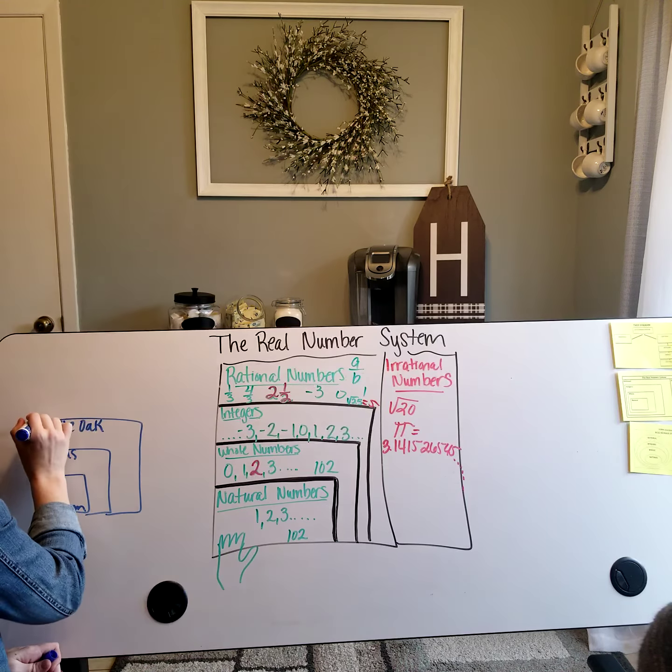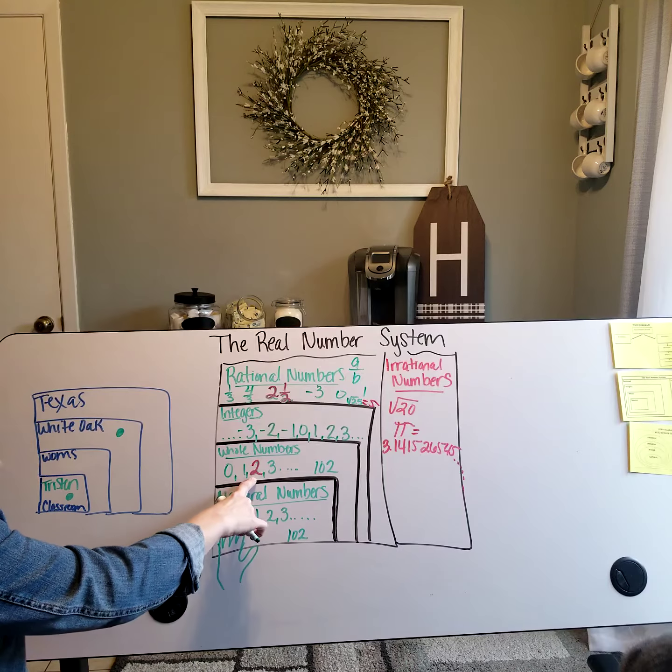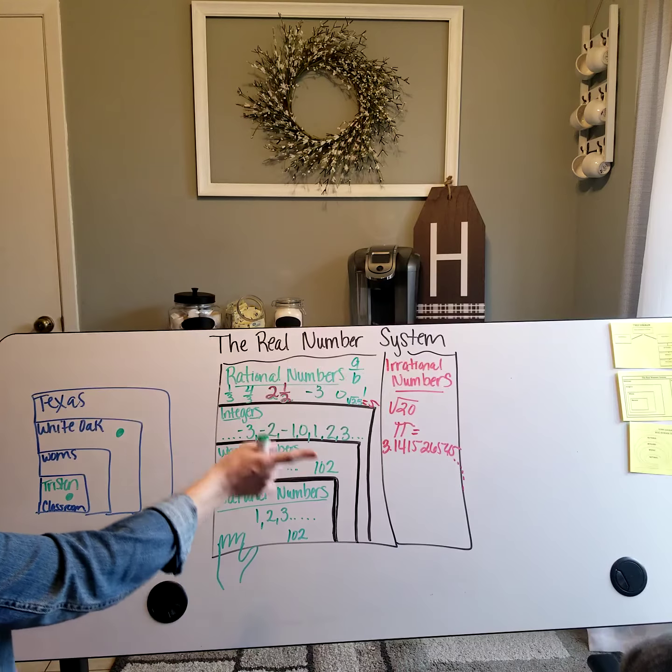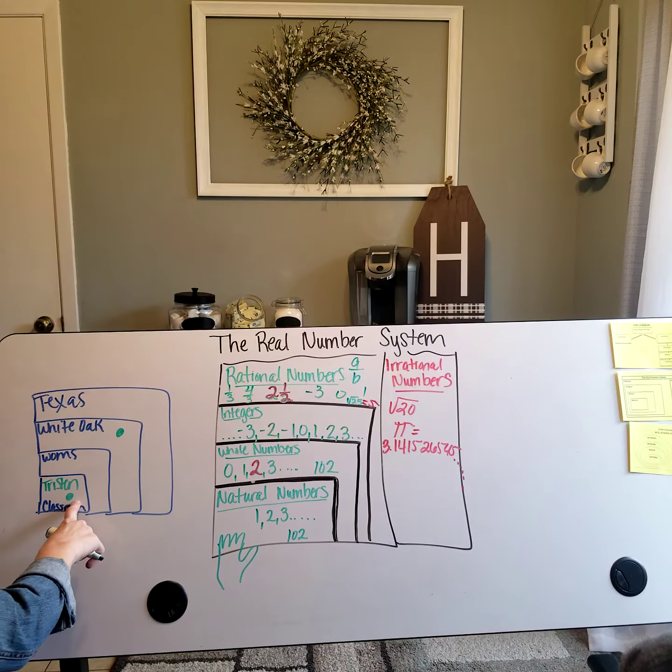So the same thing applies here. Because the number is a whole number, it's automatically going to be an integer, rational, and real. Just like Tristan's in my classroom, he's automatically going to be at the middle school in White Oak and in Texas. And the whole real number system is made up of rational and irrational.